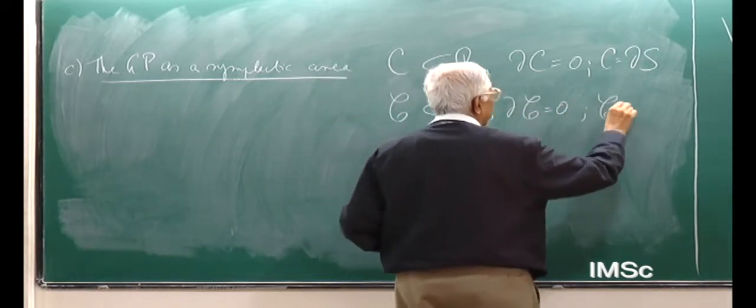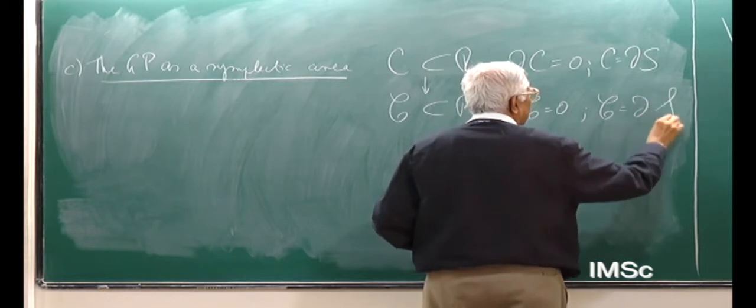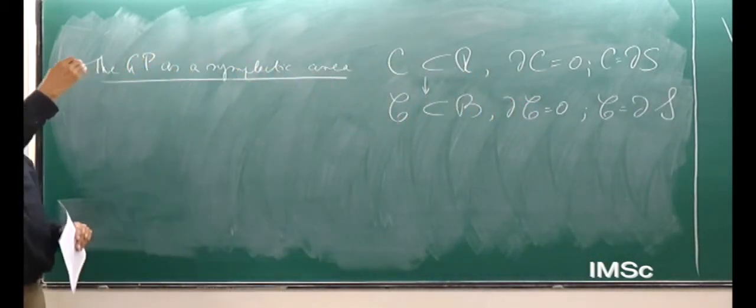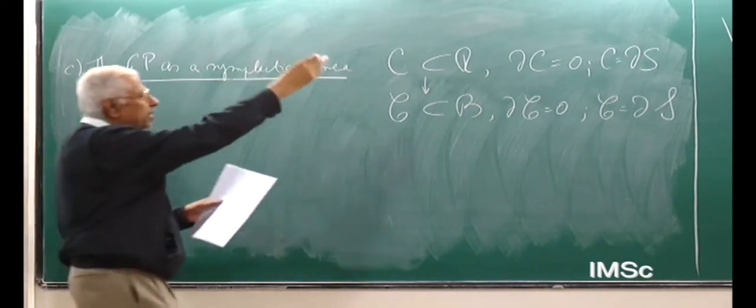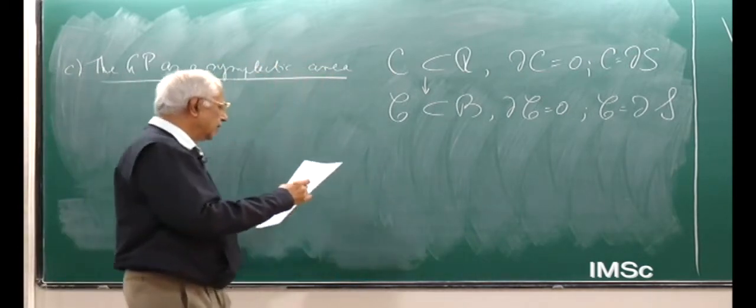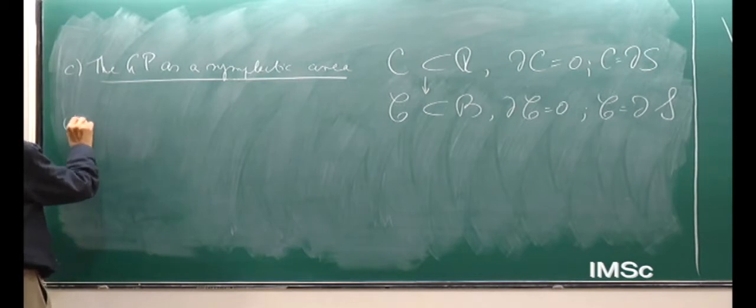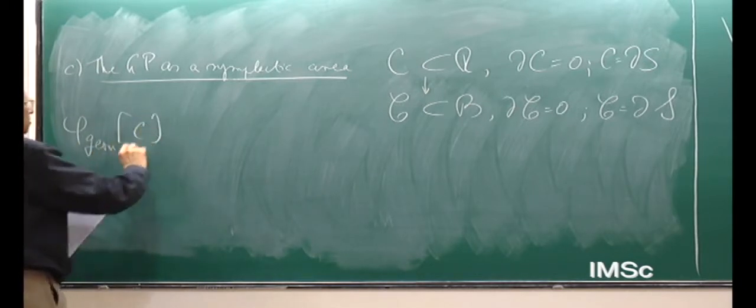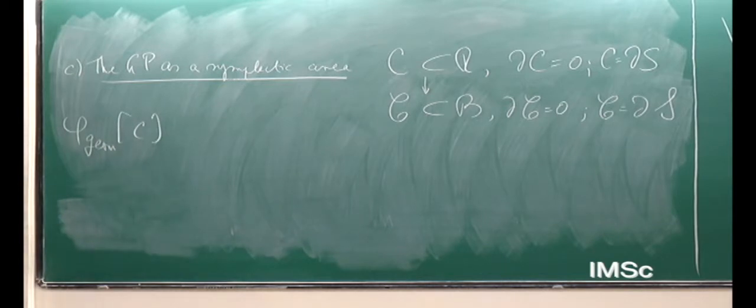And let me say this is the boundary of some 2-dimensional surface in the upper part of this construction, up in B. All right. Under these circumstances, what is the geometric phase associated with the closed curve C in the ray space?